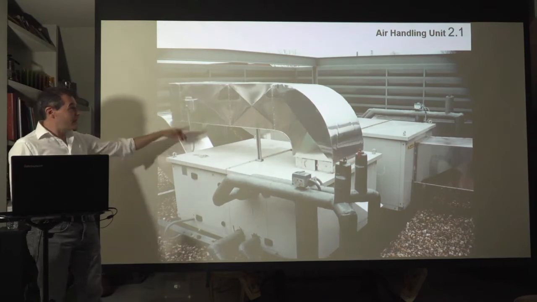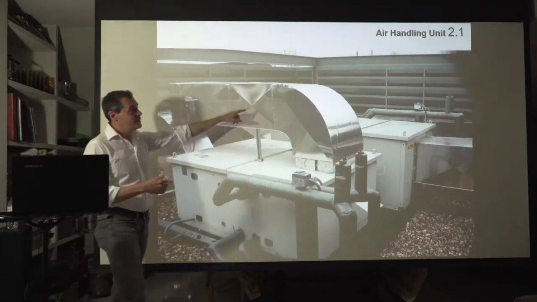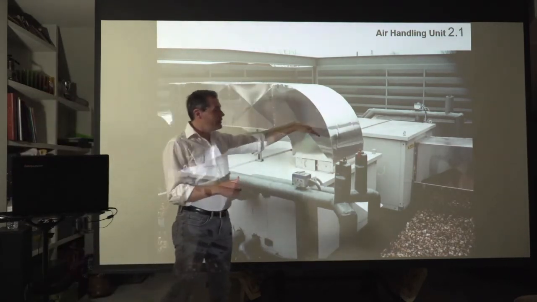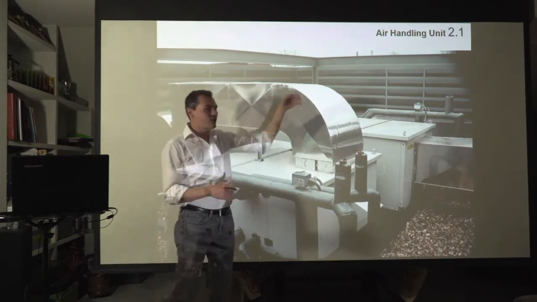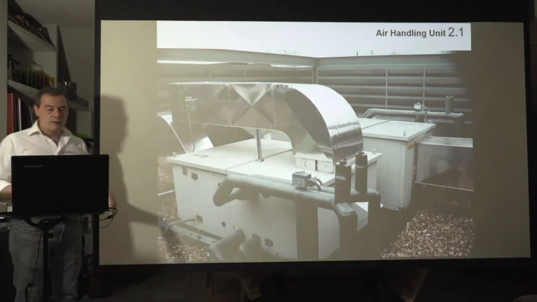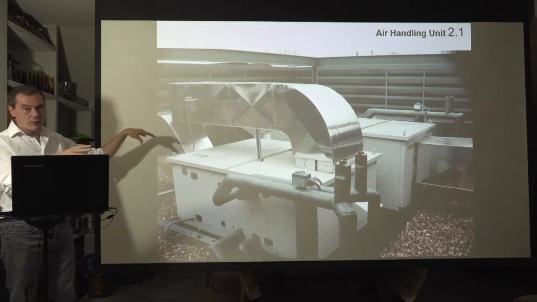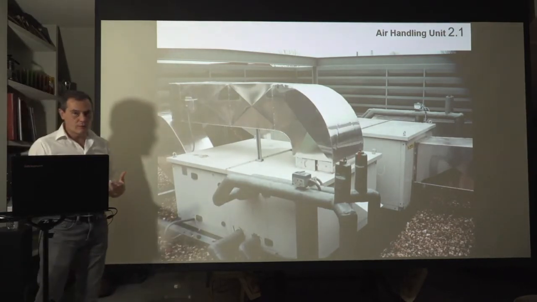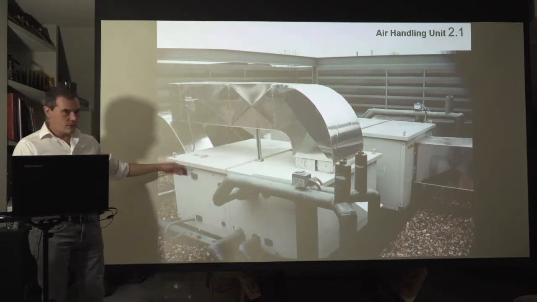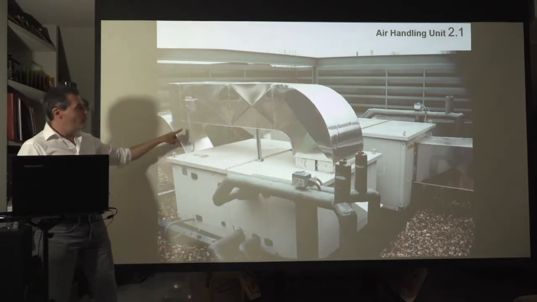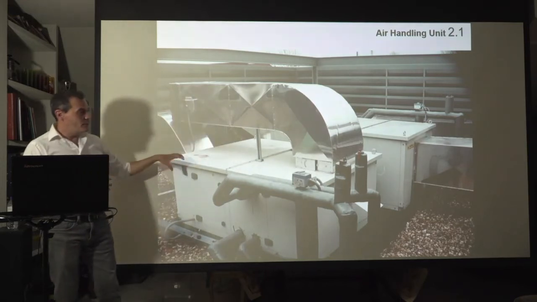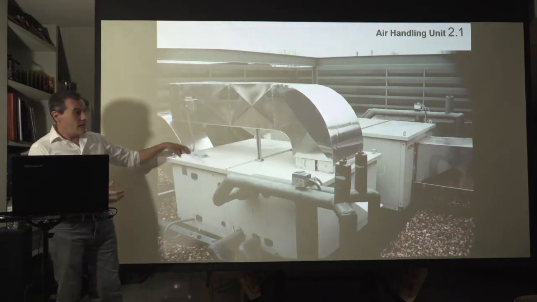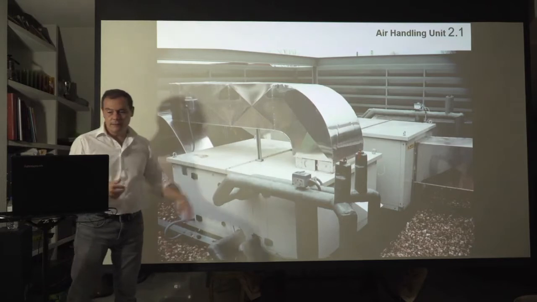But look at this, we don't see this. We have to hide it. Even if they are at the top of the building, we hide it with screens or with walls. They are exposed to the outside air, but they are hidden because it's not beautiful. They are very big, and we need ducts to bring the outside air into the building.